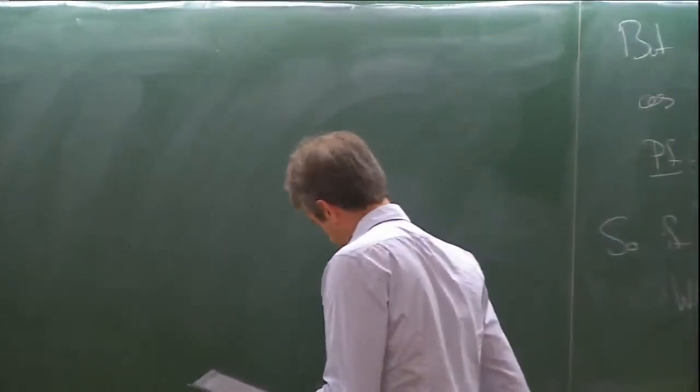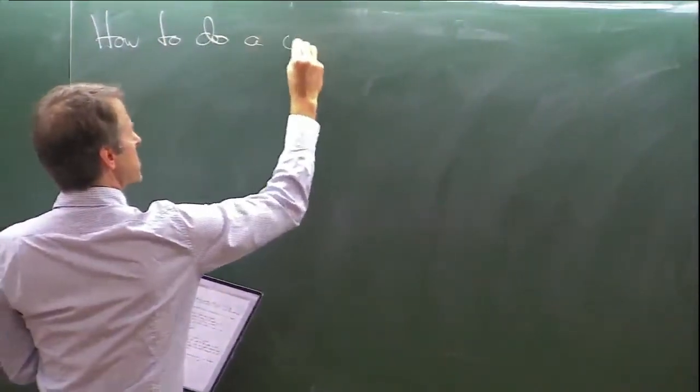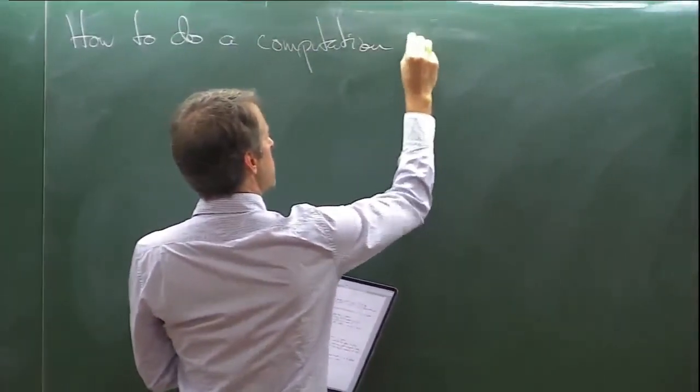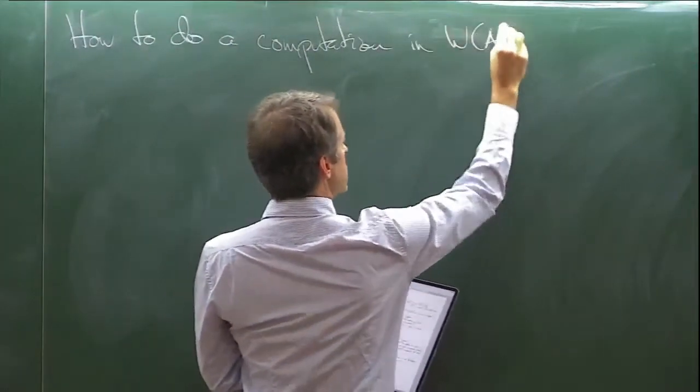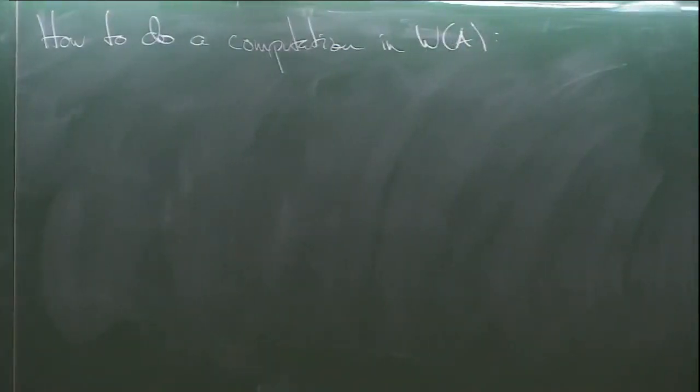So one thing I think I should say, maybe it's not strictly necessary, but I think it's important, is how to do a computation in W of A. So the point is here, A is general, so it might not be p-torsion free.